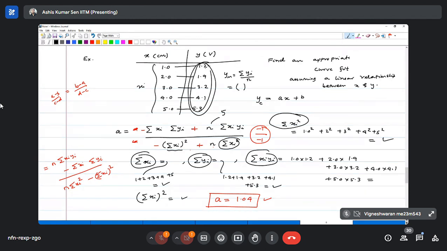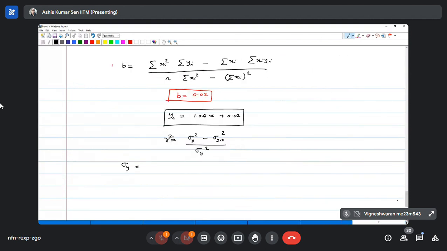And for each y, you subtract ym from each y. That is your yi minus ym. And then you square it and add them up for each i and divide it by n minus 1 and take the square root of that.